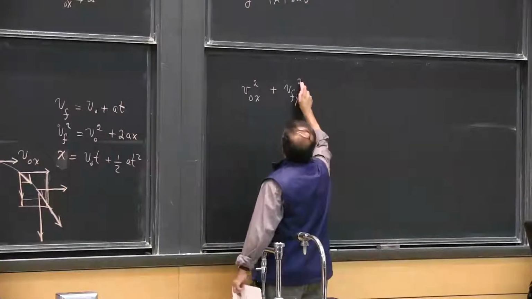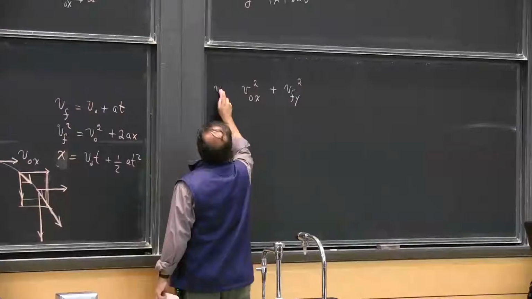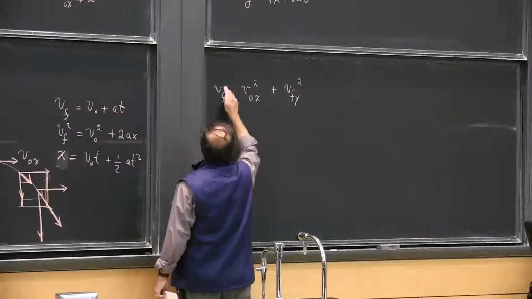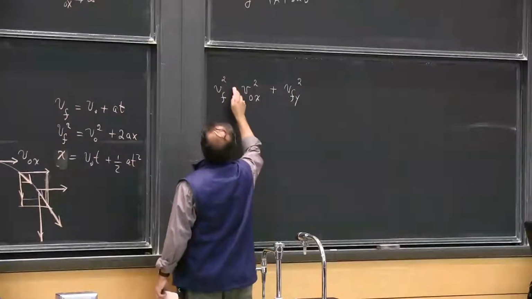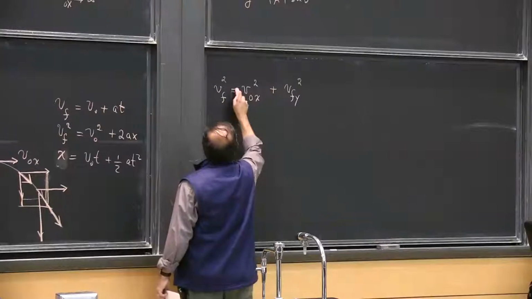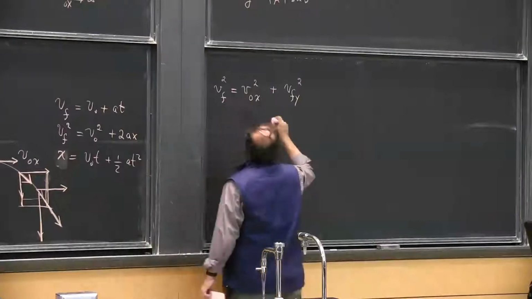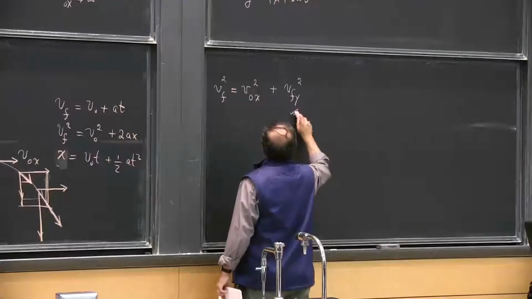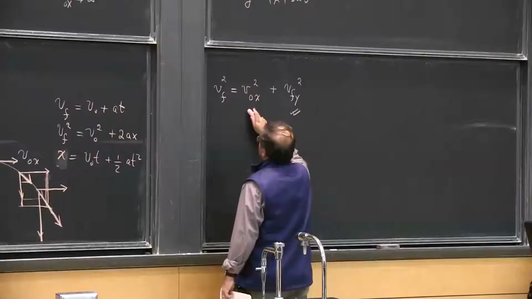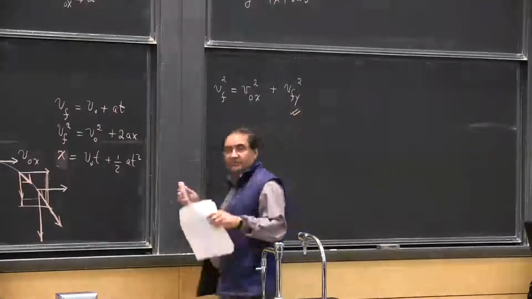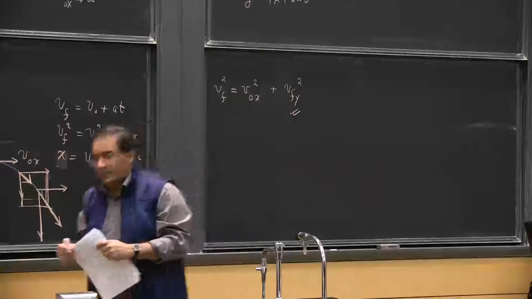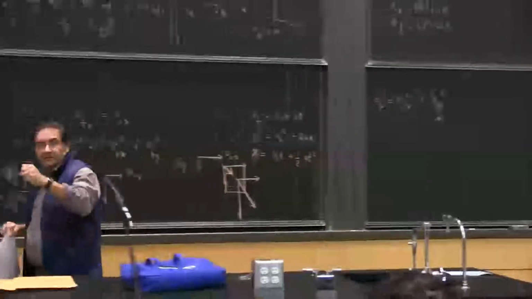So square that. If you square these two, then you would get the final velocity of the projectile at the time at which you know this quantity. This quantity, of course, doesn't change in time. So since V final y is changing as the thing is falling, your actual V final would also be changing.